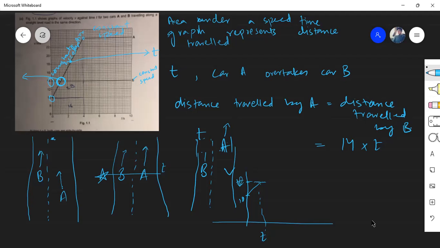Okay. So the thing is that the car, we don't know the speed at which the car overtakes this. So the area is necessary, actually, in the first 4 seconds it travels.